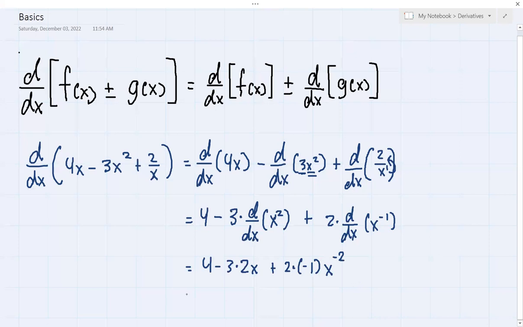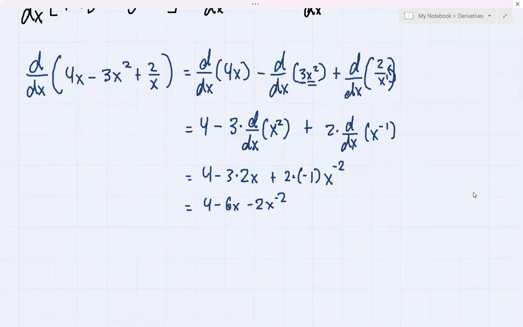Okay? So, now, let's simplify further. 4 minus 3 times 2x is 6x. Next, plus 2 times negative 1 times x raised to negative 2. Ang sagot mo dyan ay negative 2x raised to negative 2. Okay? So, that is your final answer.